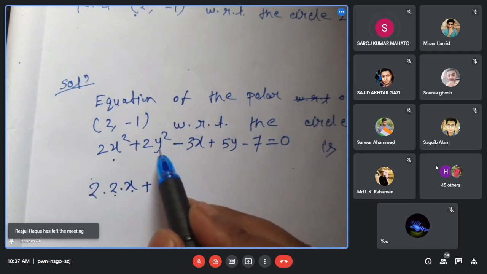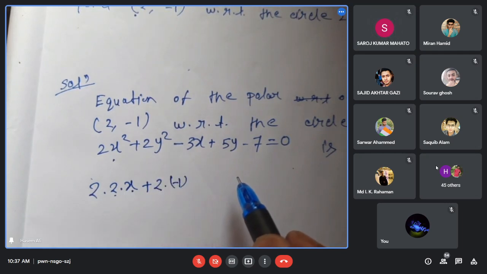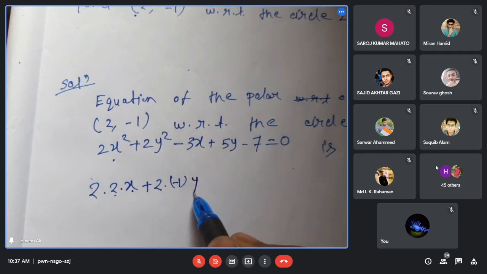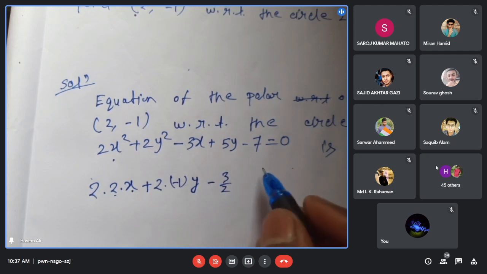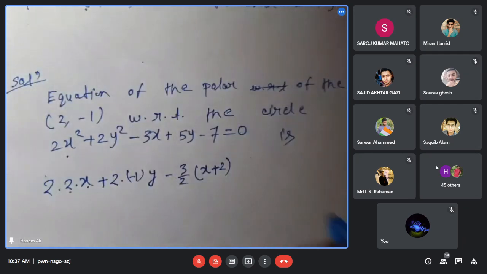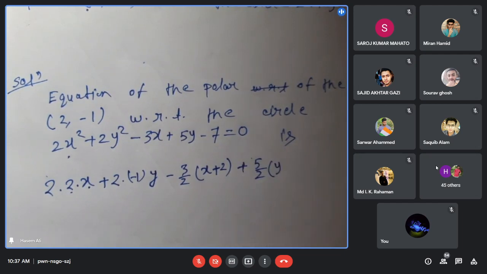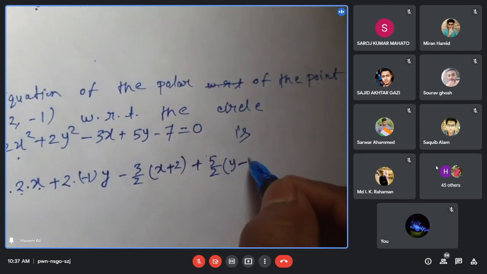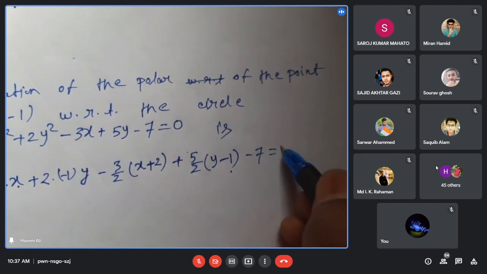Okay. 2y², so 2 into -1, y. Minus 3 by 2 into (x + x1), plus 5 by 2 into (y + y1). Here y1 is -1, so y + y1, minus 7 equals 0.